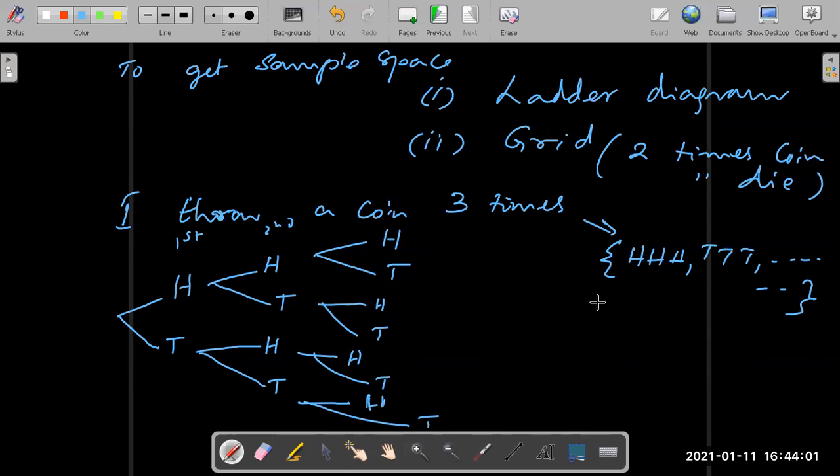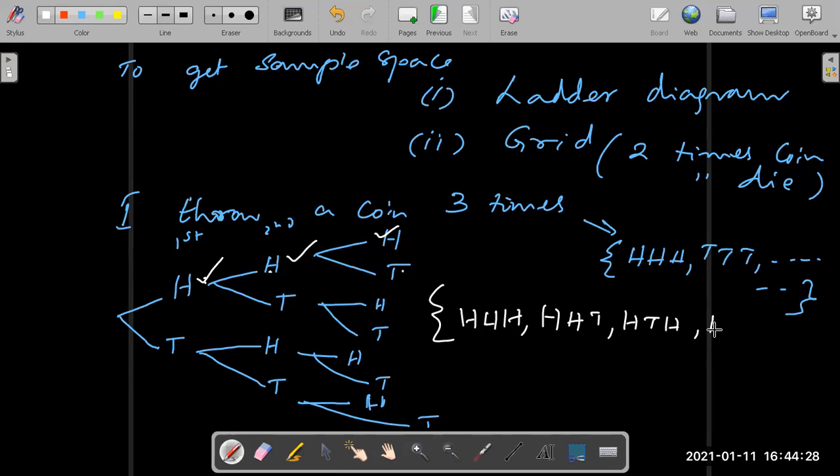So now, how do we get this set from here? It's easy. First time H, second time H, third time H. So you'll have H, H, H. That's one. HHT, second one. Then HTH.